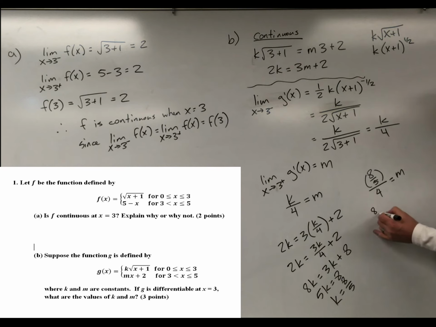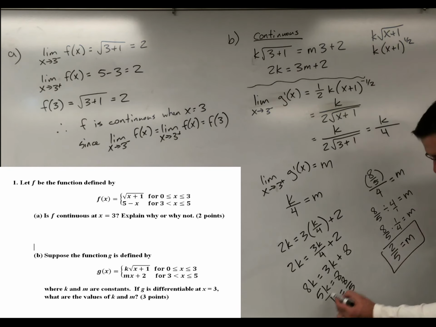Okay, let's go back to dividing by 4, right? How do you divide fractions? Put it over 1. 8 over 5 times 1/4 equals m, so it's going to be 2 over 5. And is that all it wanted? What are the values of k and m? So m is 2/5, k is 8/5.